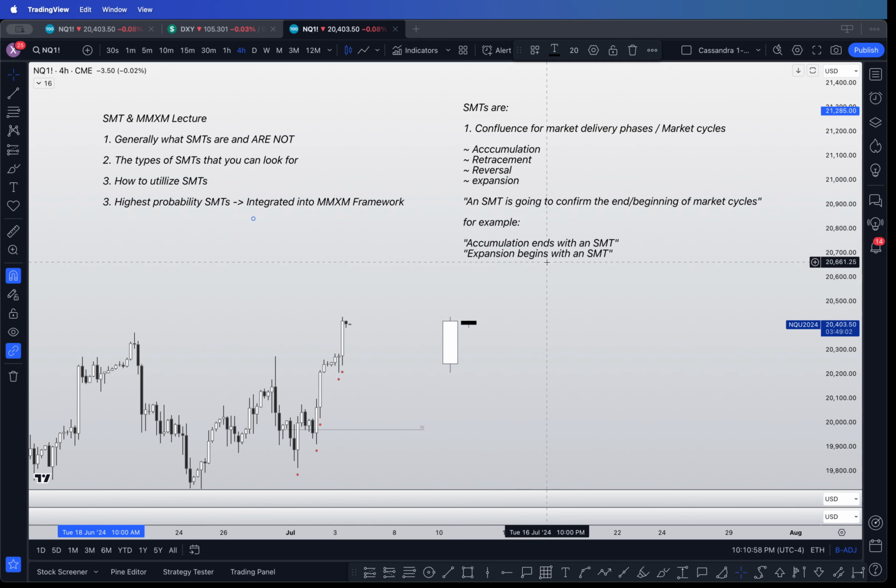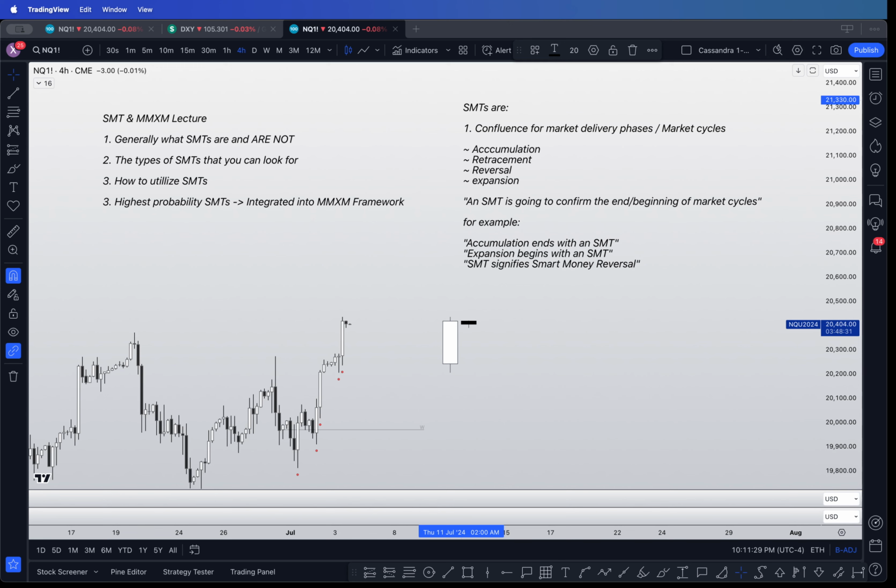Okay, so SMTs are used to confirm the end and the beginning of a market cycle. For example, an accumulation will end with a smart money divergence or technique, and expansion will begin with an SMT. We will move from a retracement into an expansion with an SMT as well. A reversal in the market, which is something you guys all put in chat. And something you've probably seen as a common expression that I use is that SMT signifies smart money reversal.